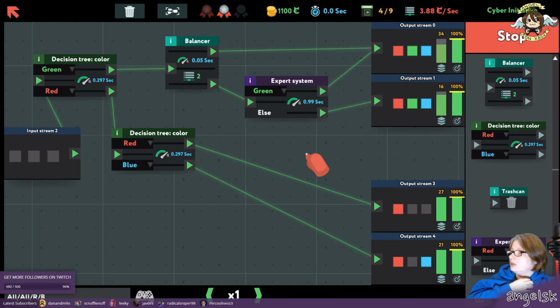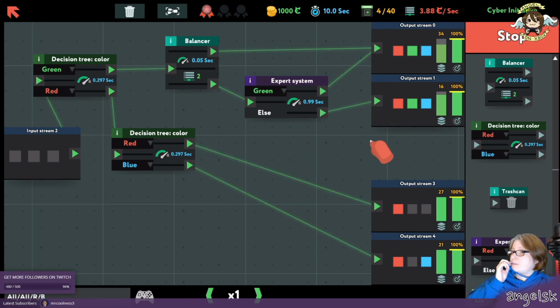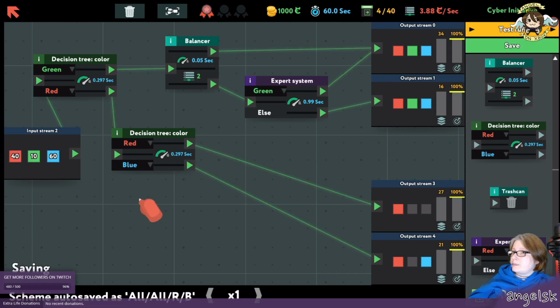No! Now somehow we didn't get enough for either of them. Okay, there's not enough going up there. So, we've got 40 reds coming here. We do not need 40 reds.